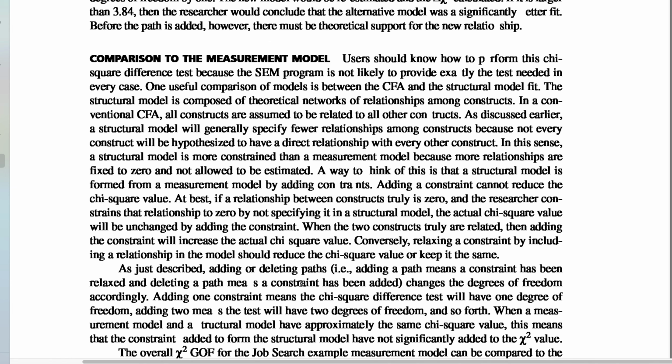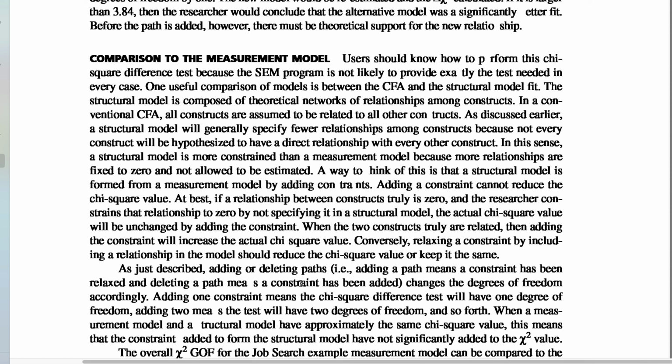Next, comparison to the measurement model. Let's talk about measurement model comparison. Users should know how to perform this chi-square difference test because the structural equation modeling program is not likely to provide the test needed in every case. One useful comparison of models is between the confirmatory factor analysis and the structural model fit.